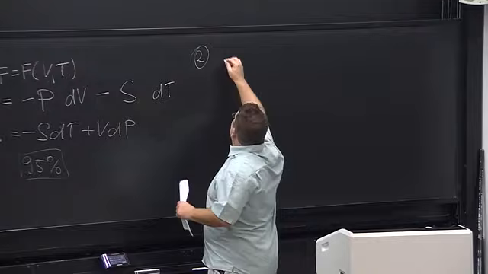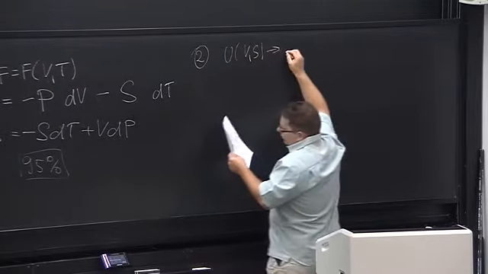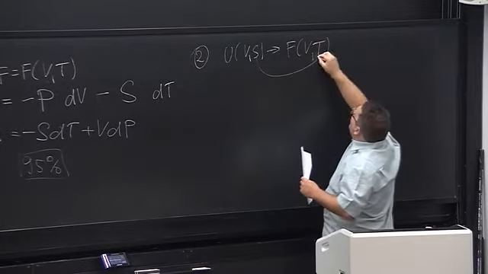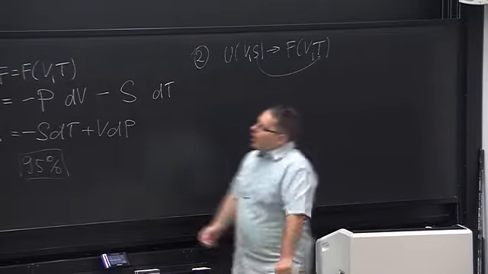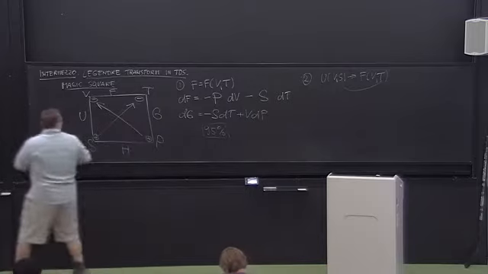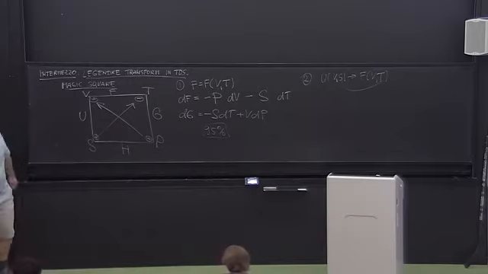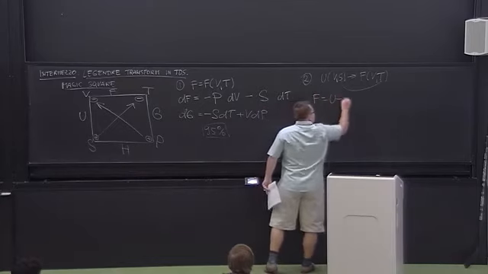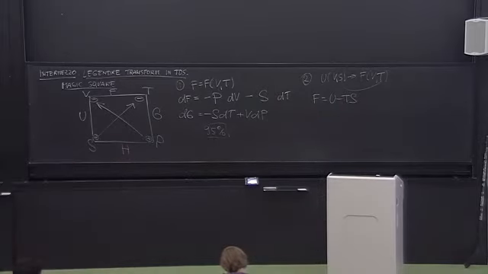So let's say I want to go from U, a function of V and S, to the free energy, a function of V and T. I have to change S to T, and that's done by the Legendre transform. Again, you follow the magic sign. I'm changing S to T, but T has a minus sign here. So the free energy is U minus TS, because there is this minus sign standing in front of T. That's how you do the Legendre transformation.